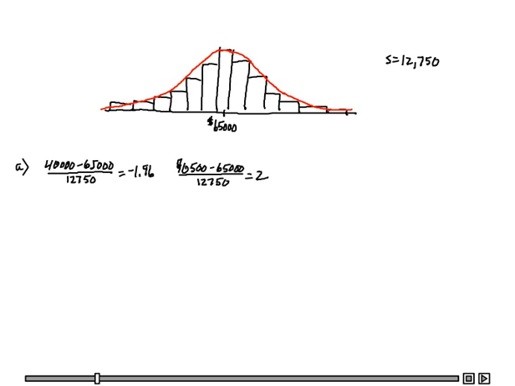So I'm going to go ahead and mark those. 1 standard deviation, 2 standard deviations, 3 standard deviations to the right, and 1, 2, 3 to the left. And the 40,000 is approximately 2 to the left, and the 90,500 is actually 2 standard deviations to the right.